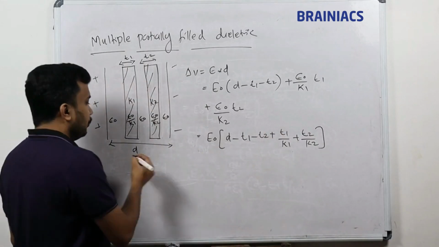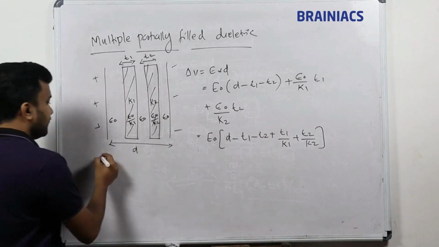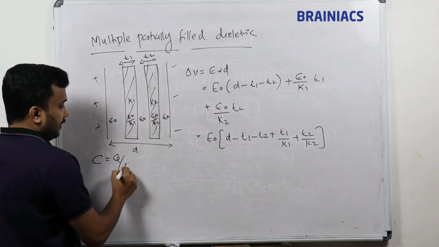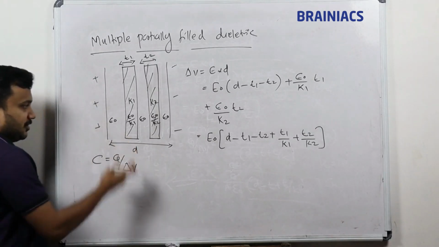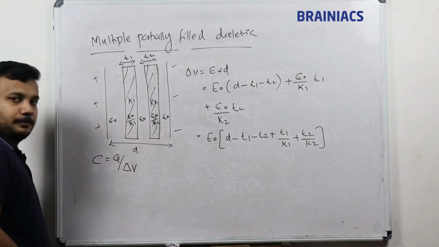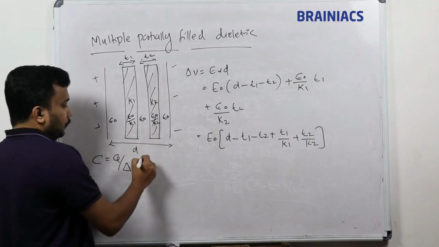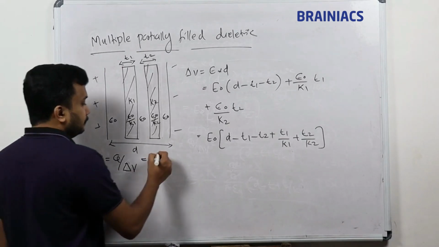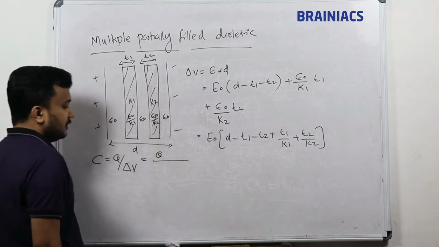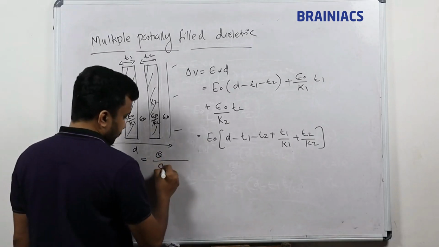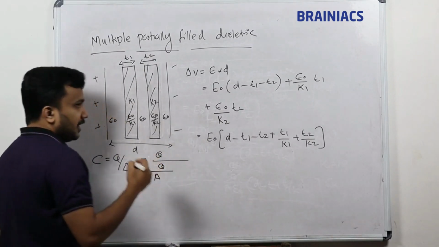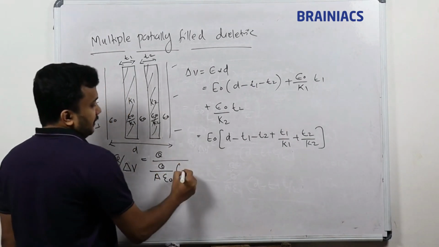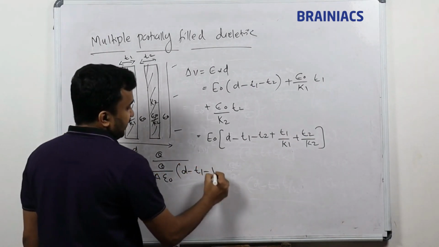So we'll go to the capacitance formula. We know the capacitance formula, C equal to Q by delta V. Delta V is the potential difference between these two points. So Q by delta V, what is Q? Q is the charge on the capacitor, and instead of E0 I am writing sigma by epsilon 0, which means Q by A into epsilon 0, times D minus T1 minus T2 and so on.